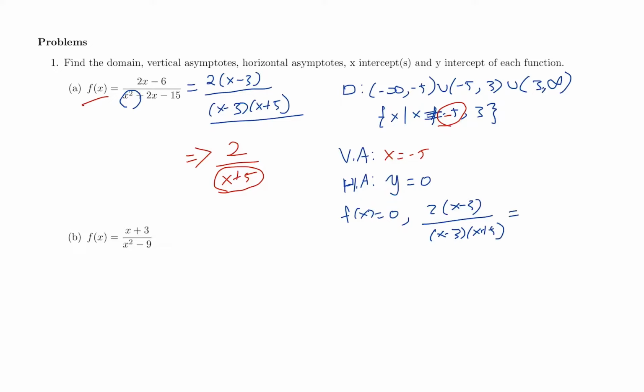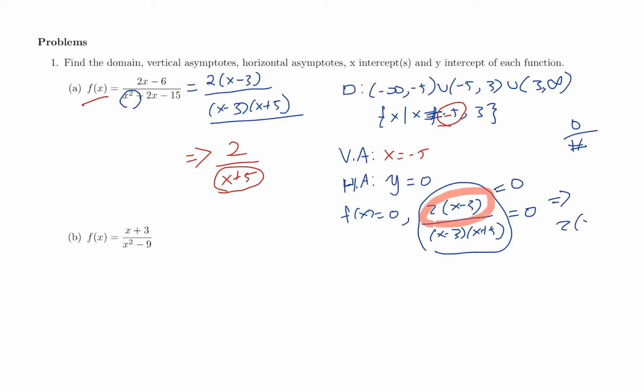So we set this equal to 0. And as you notice, whatever number we have in the denominator does not affect being 0. The only way this entire expression can be 0 is if we have 0 over some number. So that means that we can only look at the numerator and set the numerator equal to 0.